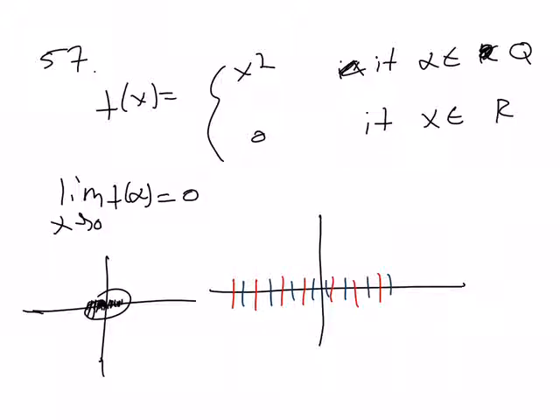And the function is changing based on where you are. So for all the irrational numbers, the function is 0, and for all the rational numbers, it's following some quadratic thingy.